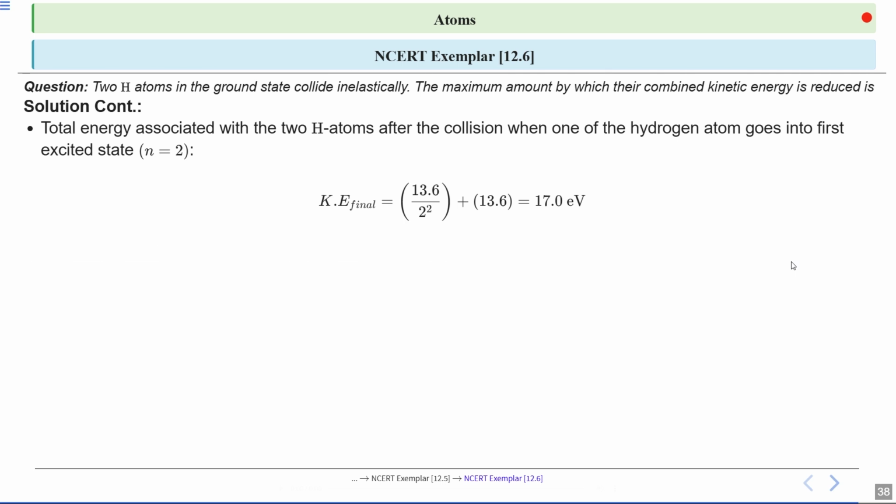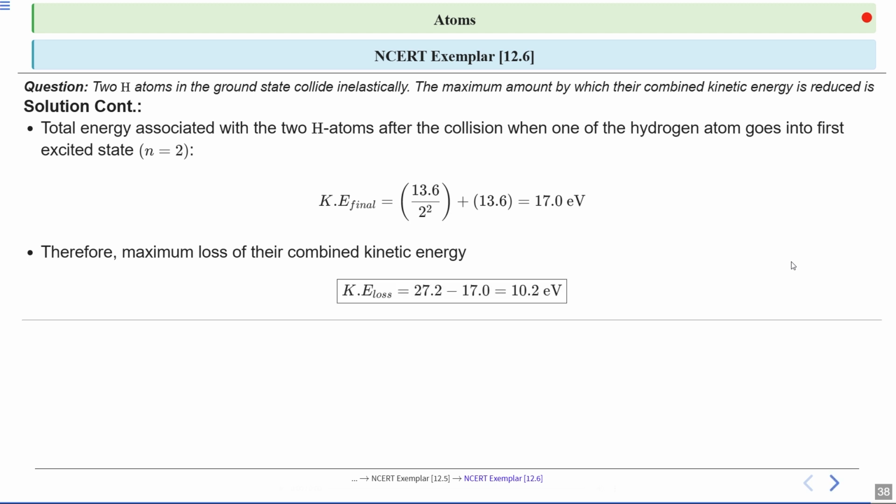Adding these together, next let's find the maximum loss in kinetic energy. This is simply the difference between the initial total kinetic energy and the final total energy after the collision. We will subtract the final energy from the initial energy to see how much kinetic energy was lost during the excitation.